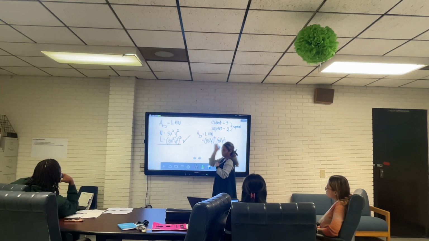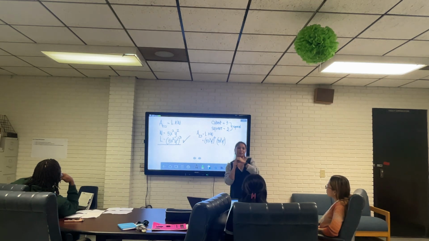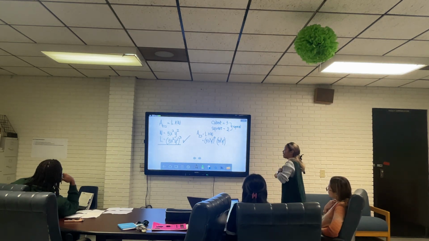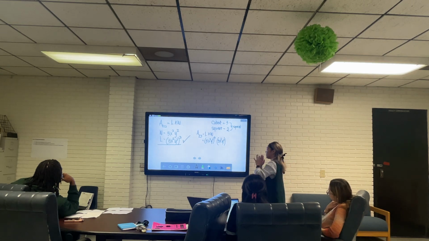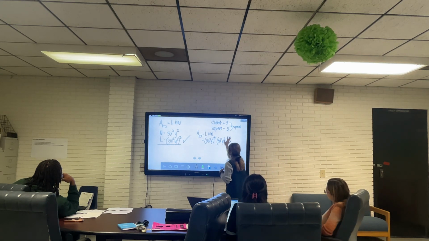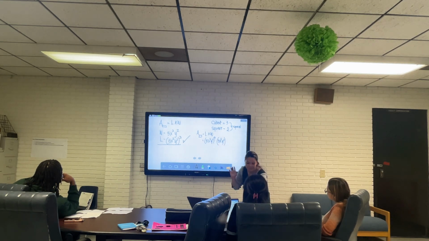So if they're looking at it, they are going to apply all the properties again. So go back to their anchor chart or to their notes, and they need to identify what would be the first step or what property they could use on this. So in that case, they need to use the power of product.